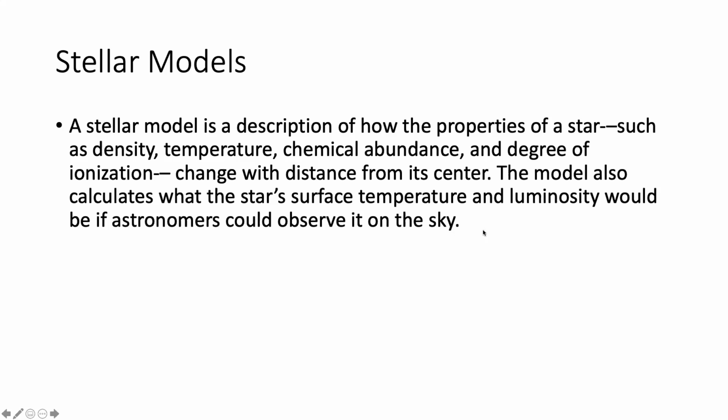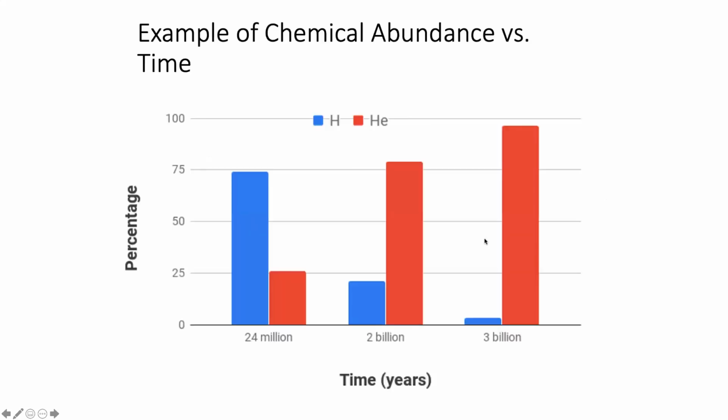And it might look something like this, right? Where you're plotting the abundance of different chemicals at different points in time. So like our star, for example, after about 24 million years might be close to 74% hydrogen, that's the blue, and 26% helium, that's the red, for a total of 100% of its mass.